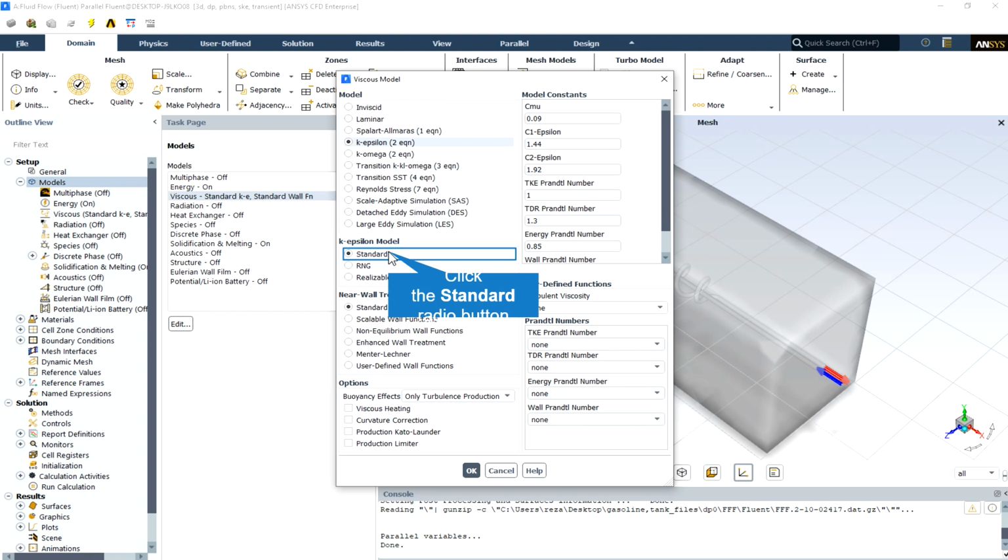In the derivation of the K-Epsilon model, the assumption is that the flow is fully turbulent and the effects of molecular viscosity are negligible. The standard K-Epsilon model is therefore valid only for fully turbulent flows.